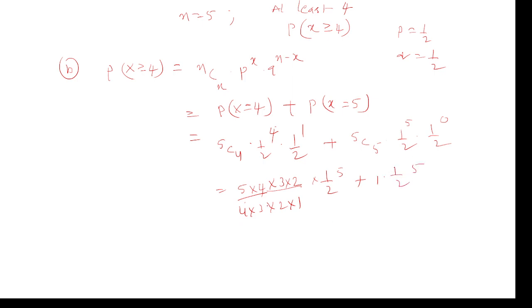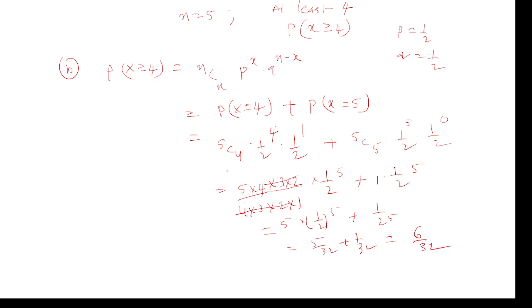Here this value is cancelled, so 5 into 1 by 2 whole power 5 plus 1 by 2 whole power 5. We can write it as 5 by 32 plus 1 by 32, equals 6 by 32.